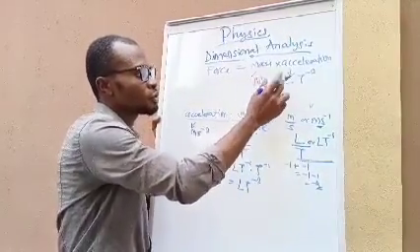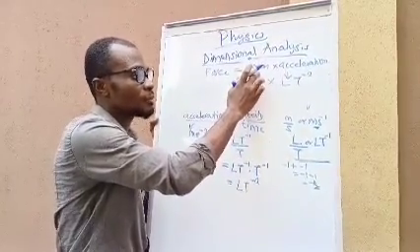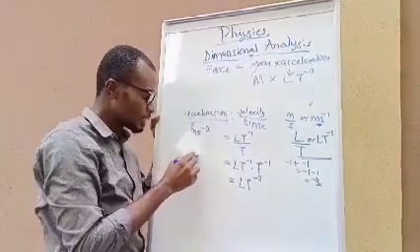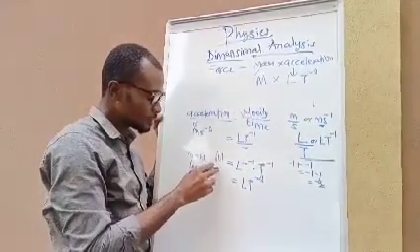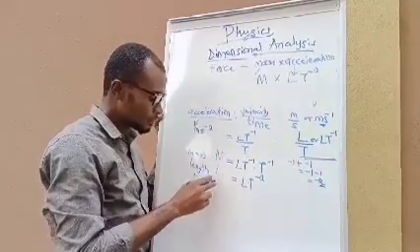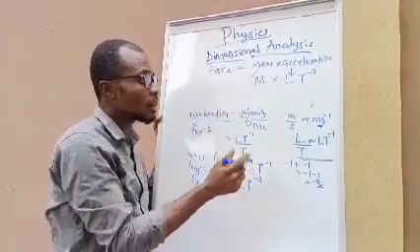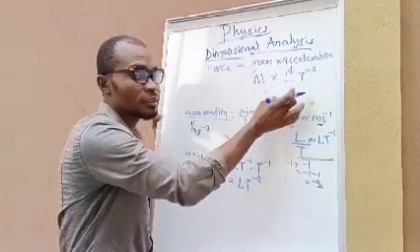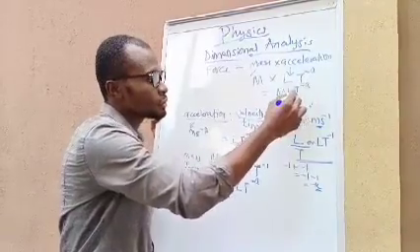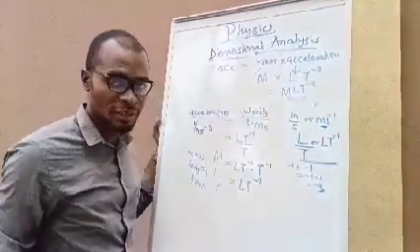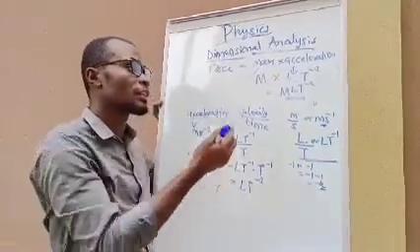The product of these two is very easy to recall. We are taking our M, and we've already gotten acceleration here, so we can just bring the two together. That becomes MLT^-2.